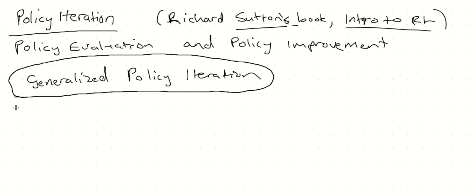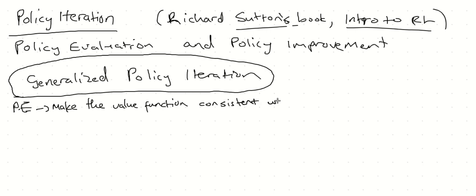So what are we doing in policy evaluation? Let's think about it. In policy evaluation, which I'll denote as PE, we're trying to make the value function consistent with respect to the current policy, right?